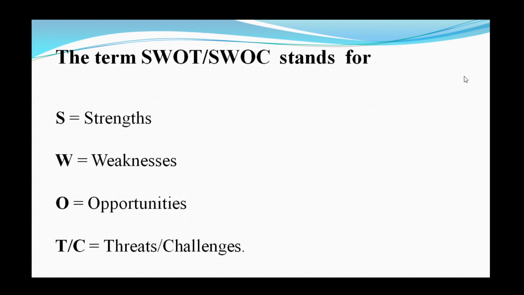Strengths and weaknesses are the internal factors that influence the individual or organizational objectives. They are within their control. They change according to the objective. For example, an attribute that may be seen as a strength in one context may prove to be a weakness in another context.